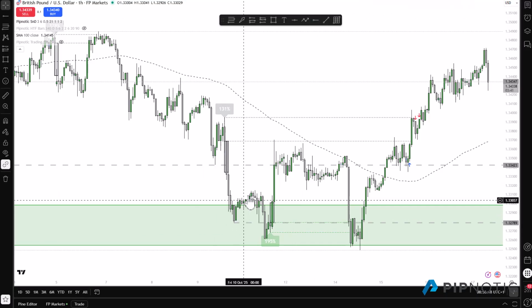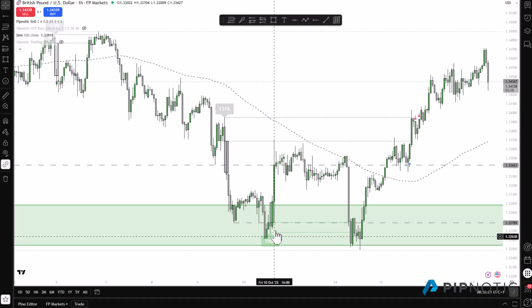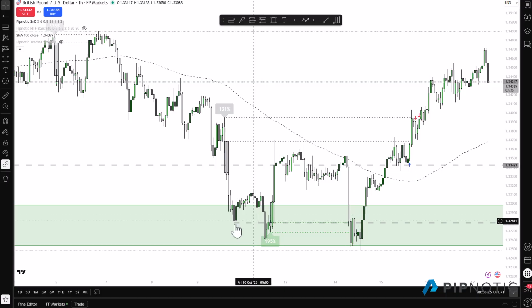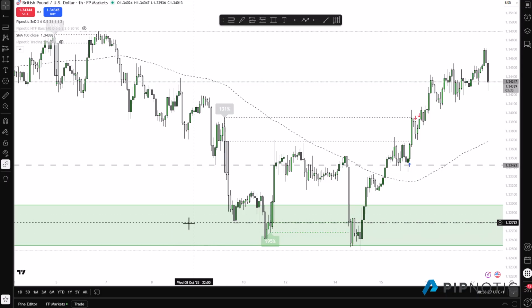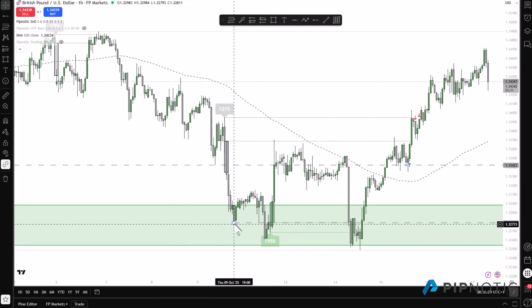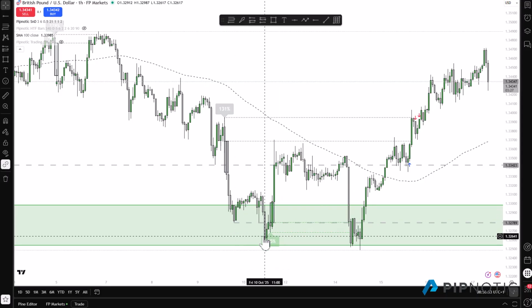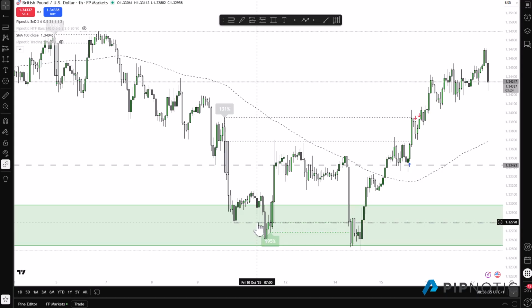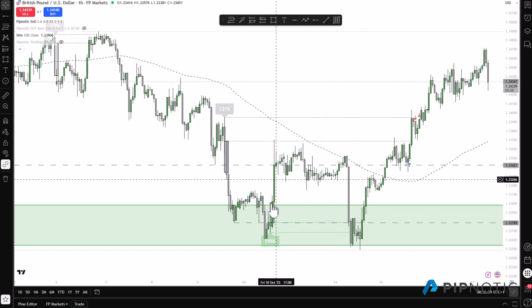Price comes below it, which is a good thing, then it snaps back, also a good thing. So we have two things going on here. Number one, price is poking into this daily demand, and number two, price is looking for bids below this low. As price comes back to this zone, we have one test, and the next one, price goes through it, and then we snap back very strongly.